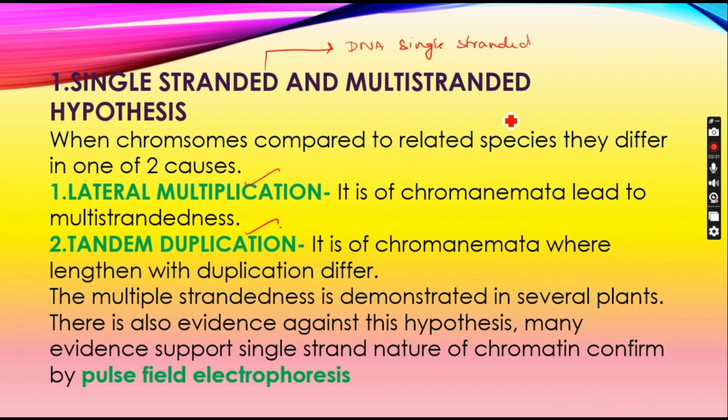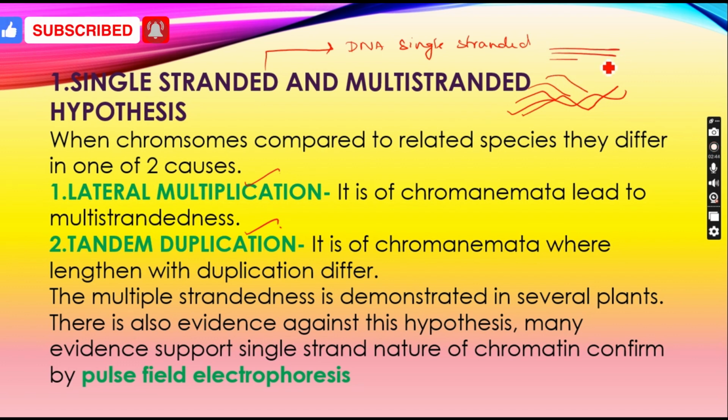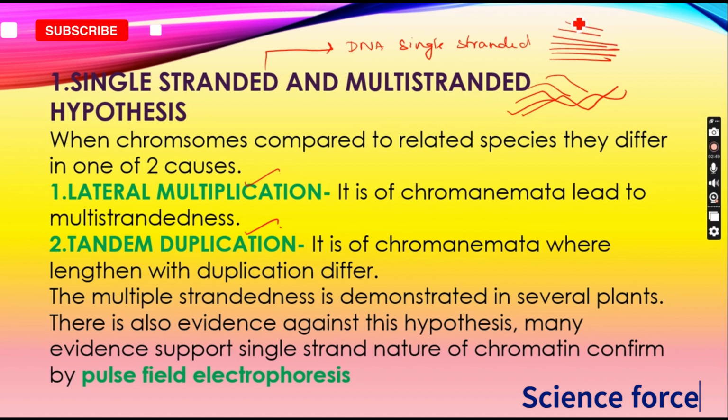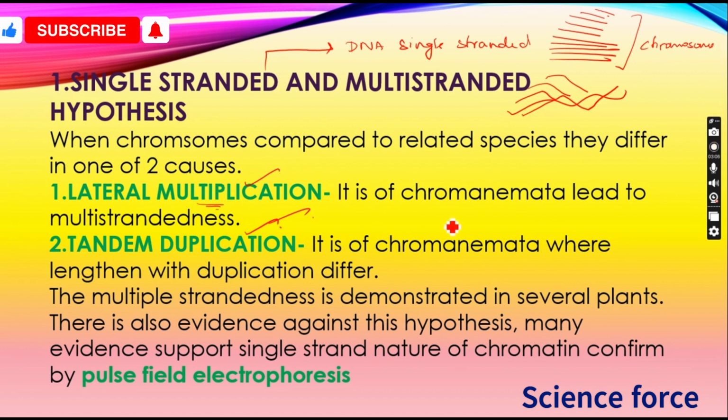Lateral multiplication means there is a DNA, and a next DNA is attached laterally, which increases multi-strandedness. This lateral addition of DNA causes the making of a chromosome. This is the proposed model of lateral multiplication.